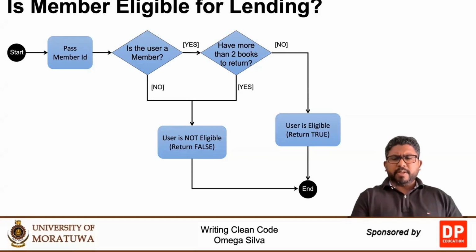If both these conditions, condition 1 and condition 2, are successful, then the function decides the user is eligible and returns true. If any of these conditions fail, the function decides that the user is not eligible and returns false.